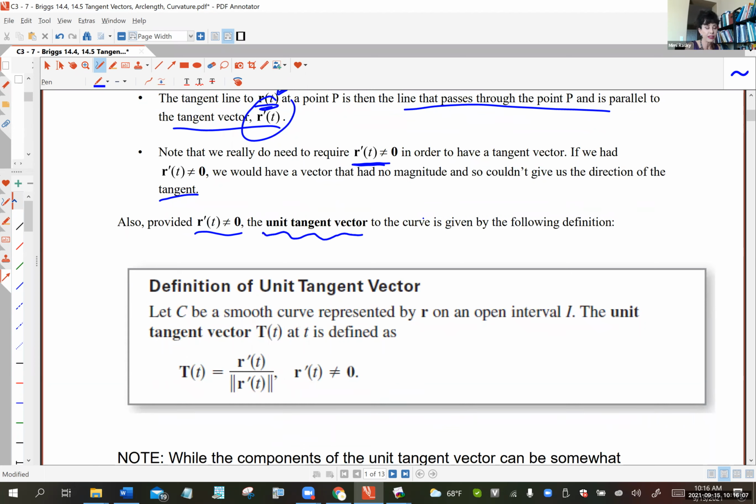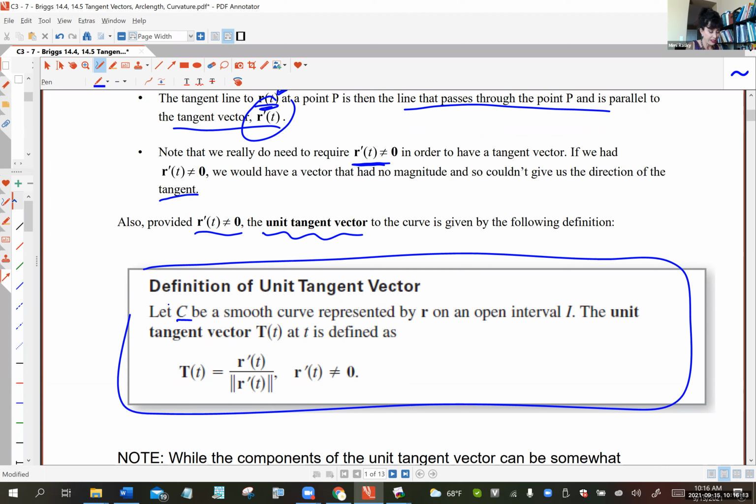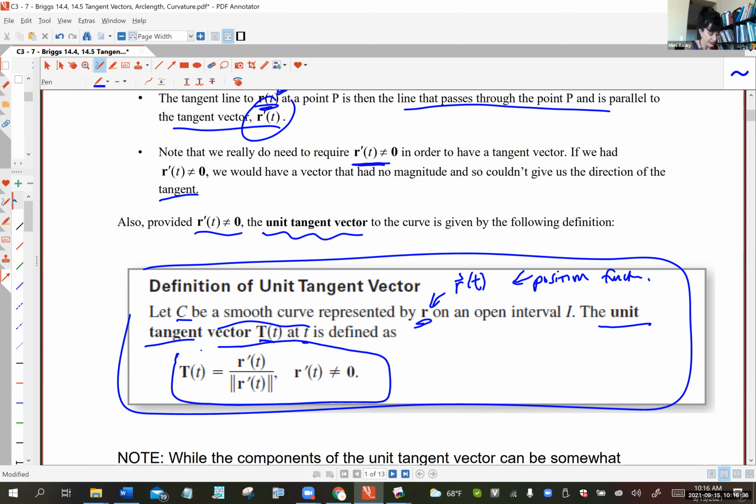Now we can define the unit tangent vector. Here it is, big definition here. If C is a smooth curve represented by r, that's the vector valued function r of t, also known as the position function, the unit tangent vector, which they denote with big T of t, at time t is defined as this.